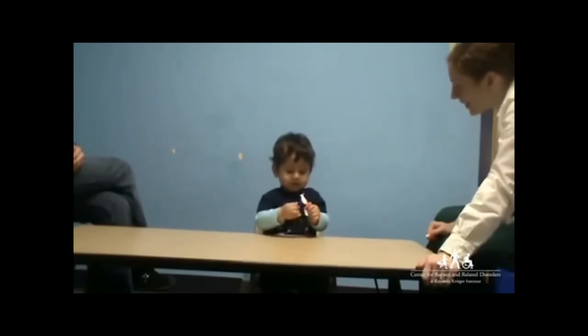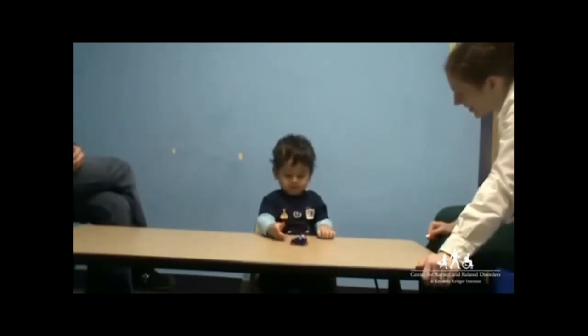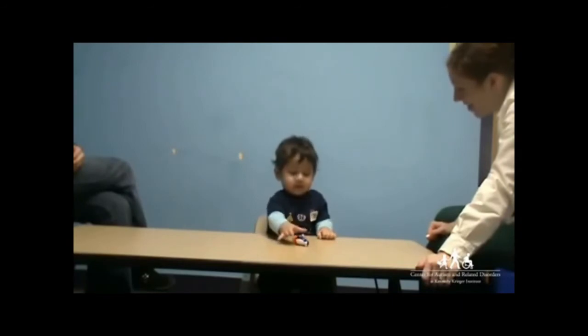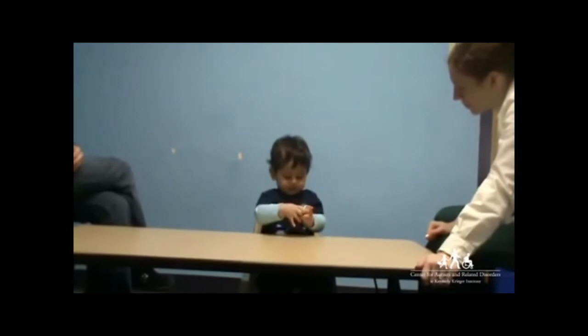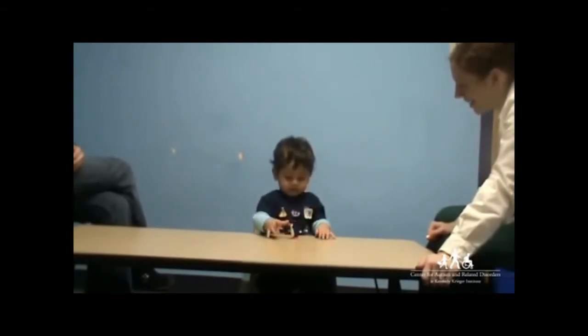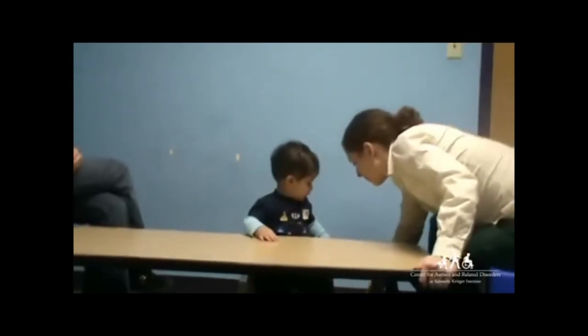He drops the toy onto the table and watches it move. When the toy stops moving, he does not use eye contact, vocalization, or gesture to ask for help. He also tenses his body and mouth in an unusual way.